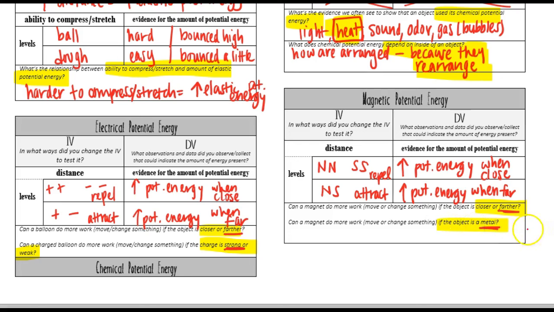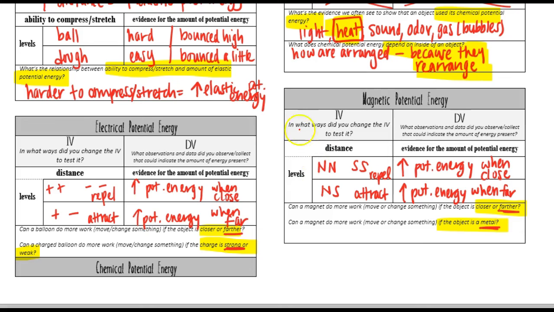Most, not all, but most metals, well, actually maybe not a lot of them, but they can be blended together. So a lot of different combinations of metals can be magnetic. And the idea here is that if the object is not made of metal, like a piece of paper or wood, you're not going to have a lot of energy related to that. So there's not going to be a lot of work. So the type of material is important.